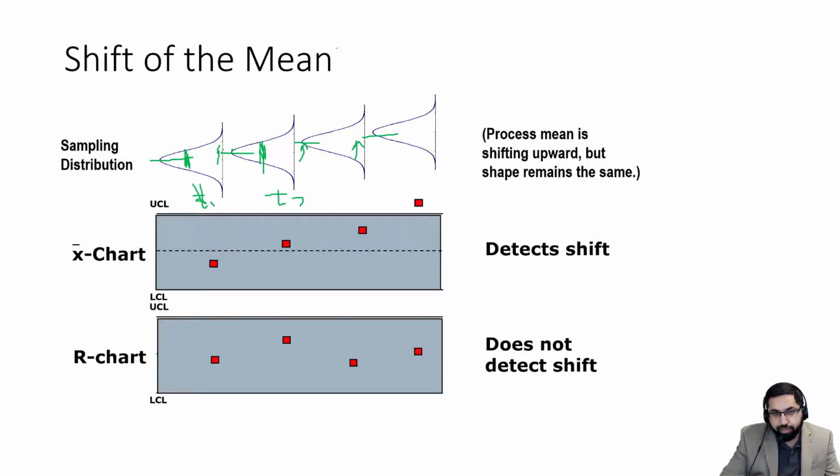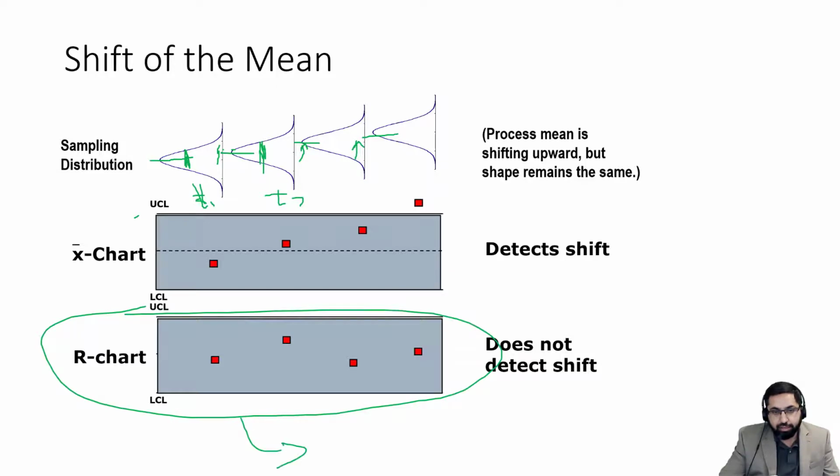So how would this appear on the control charts? We want to see if this happens in real life. However, look at the R chart first. Nothing happens here. We're within the control limits. These are the control limits, the line at the bottom and the top. So, no problem on the R chart. Everything's fine, because the R chart is trying to just check the width of the distribution.